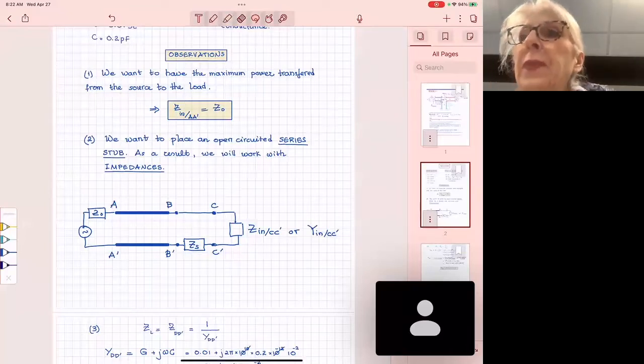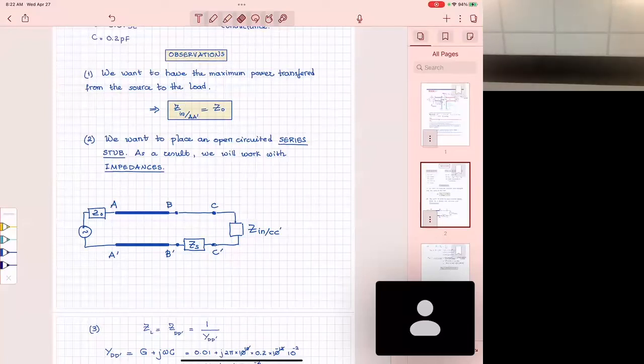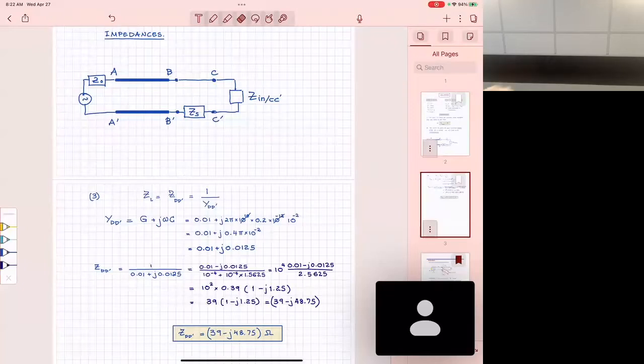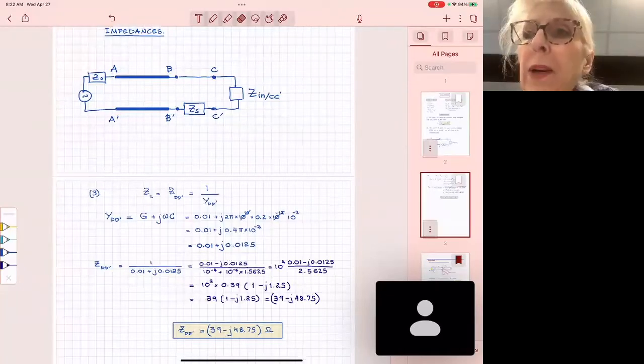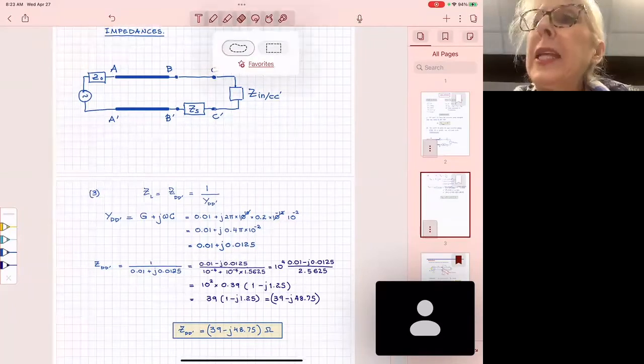Therefore, my choice is to use impedances. That's my second observation. So in step 3, what I'm trying to do is exactly that. I'm trying to go to my load to calculate it. So 3 is my next step.